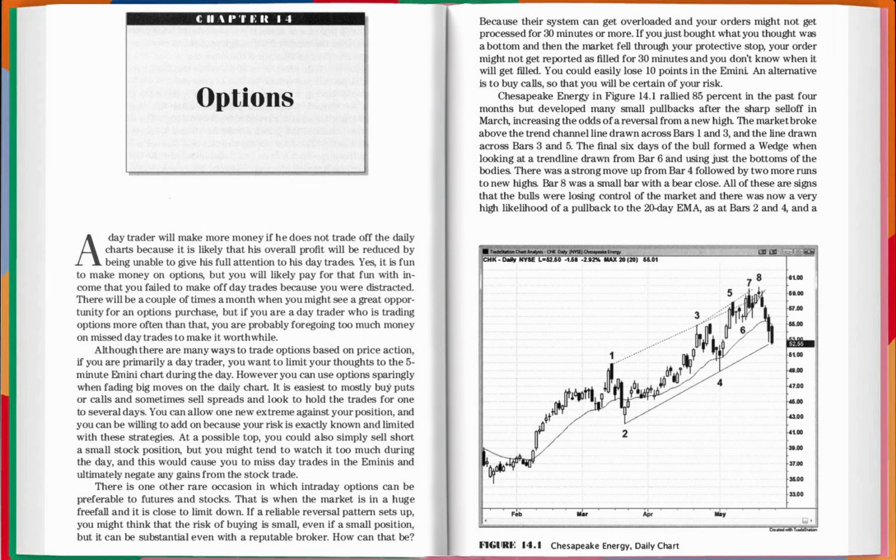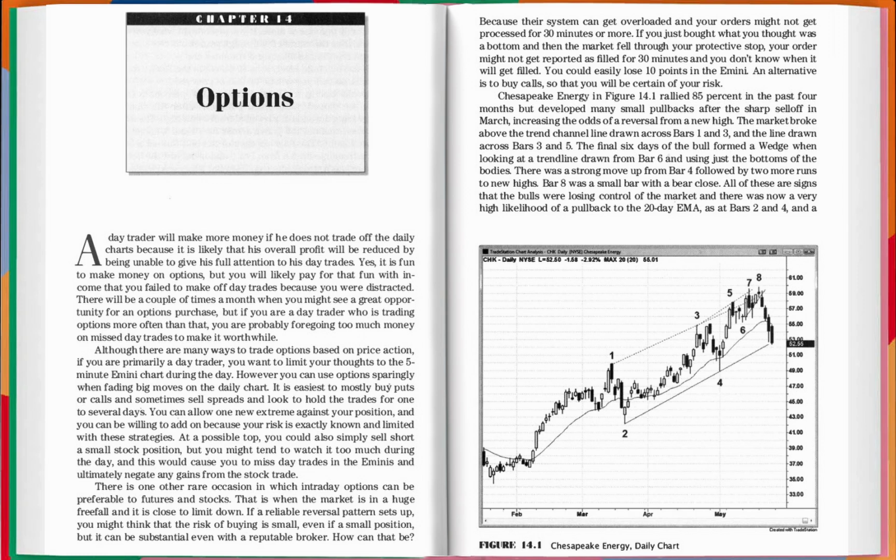Although there are many ways to trade options based on price action, if you are primarily a day trader, you want to limit your thoughts to the 5-minute E-mini chart during the day. However, you can use options sparingly when fading big moves on the daily chart. It is easiest to mostly buy puts or calls, and sometimes sell spreads, and look to hold the trades for 1 to several days.